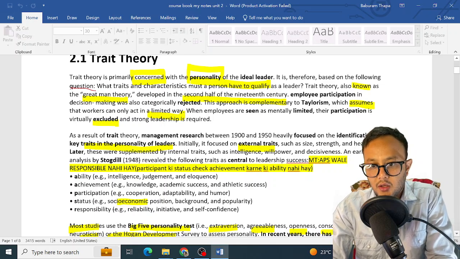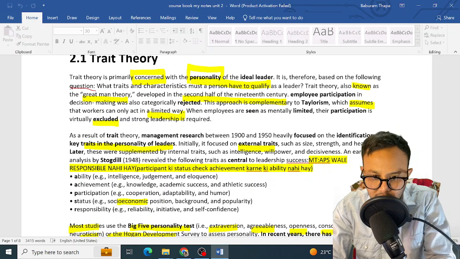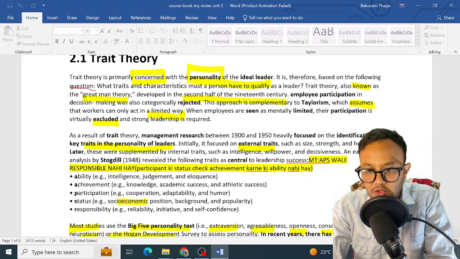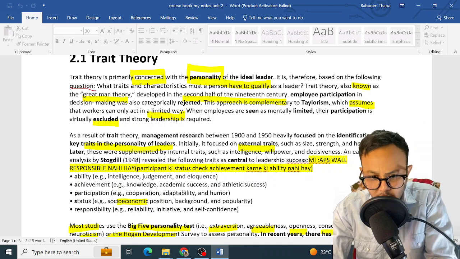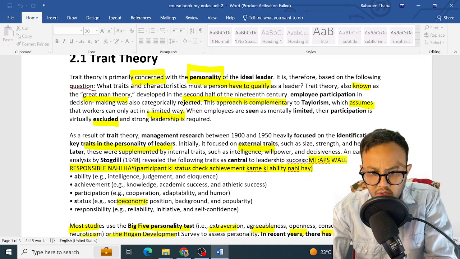So trait theory, also known as the great man theory, was developed in the second half of the 19th century. Employee participation in decision making was also categorically rejected. This approach is complementary to Taylorism, which assumes that workers can only act in a limited way.